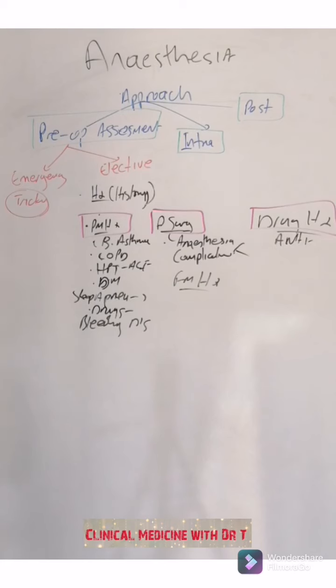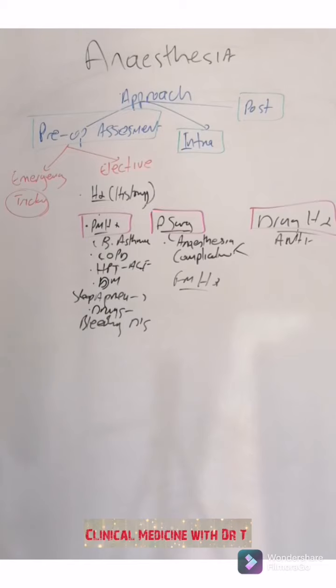Like I said, the history part is that the patient understands why they are going for theater, what condition they have, what sort of procedure the surgeon wants to do, and the consent. And the issue of the last meal becomes very important when it comes to emergencies. We're going to talk about it just now.